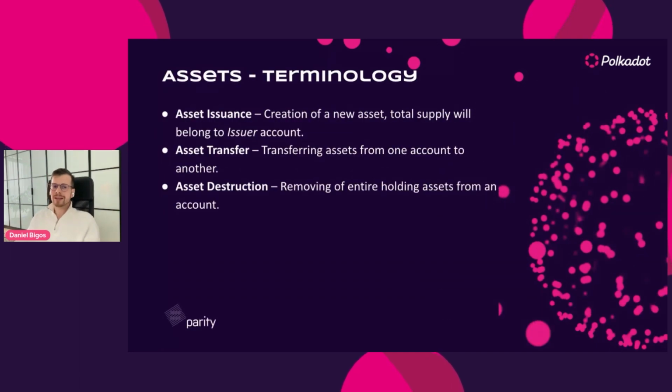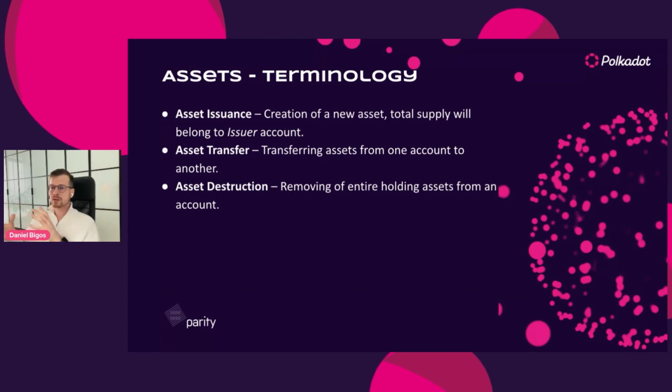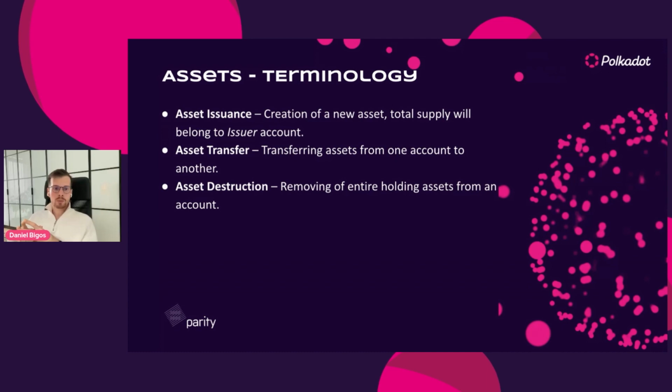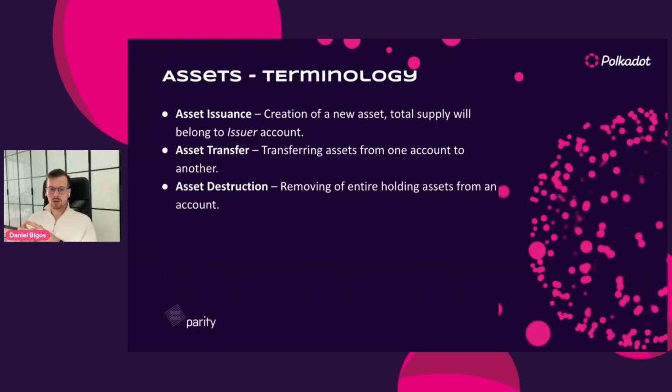Before talking about the assets pallet itself, let's talk about some terminology. With the asset stuff, we have some processes. The first process about asset management, playing with assets on Substrate and Polkadot, is asset issuance. Asset issuance is the process of asset creation and minting some initial supply and assigning that supply to the asset owner, the asset creator.